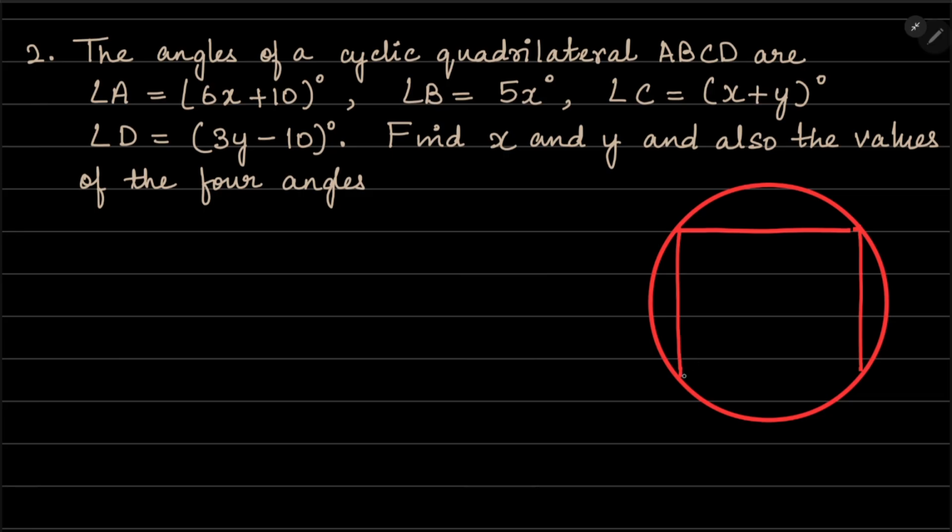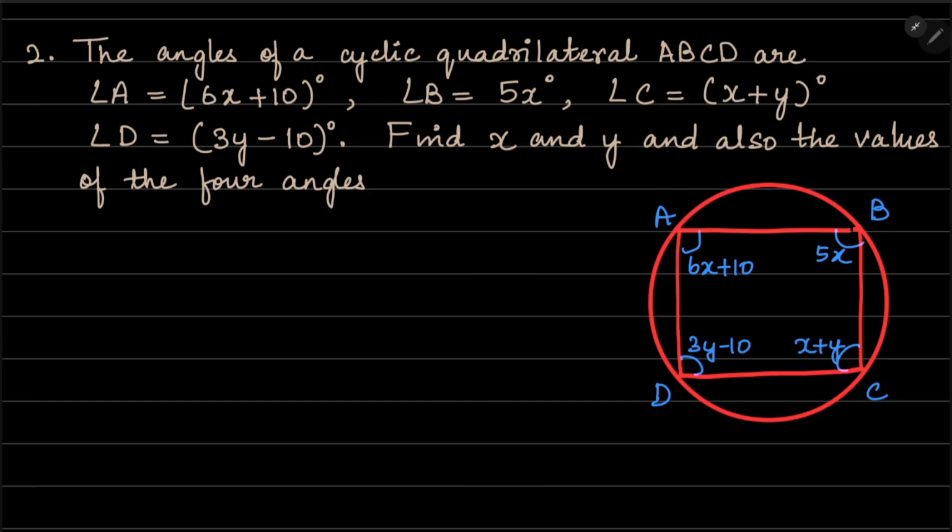Let this be your A, B, C and D. Angle A is 6x plus 10. B is 5x. C is x plus y. And D is 3y minus 10.